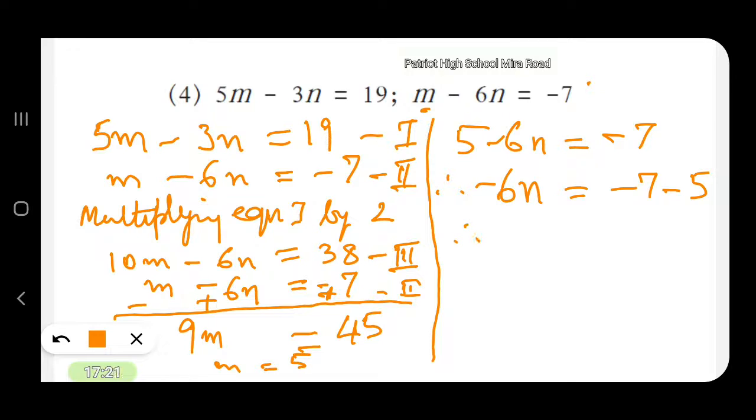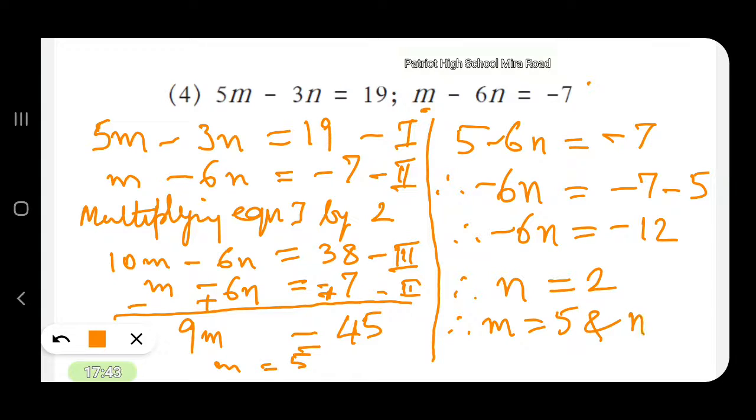Therefore minus 6n is equal to minus 12. Since both the sides are having minus sign, we will divide this by minus 6. Therefore we have n is equal to 2. Therefore the solution of the equation is m is equal to 5 and n is equal to 2.